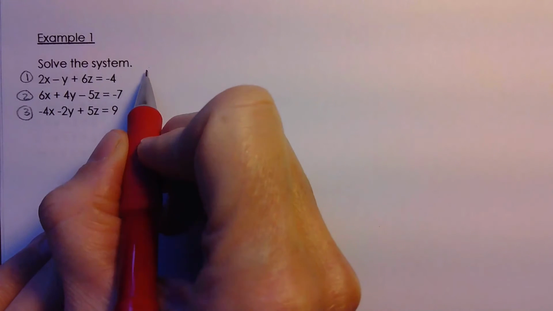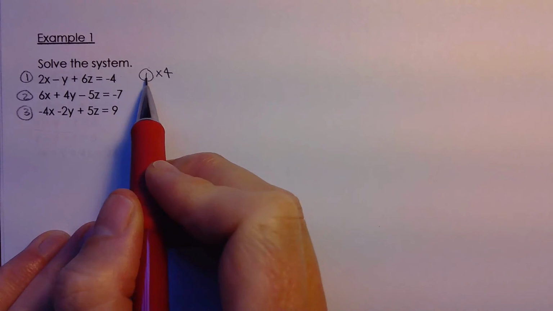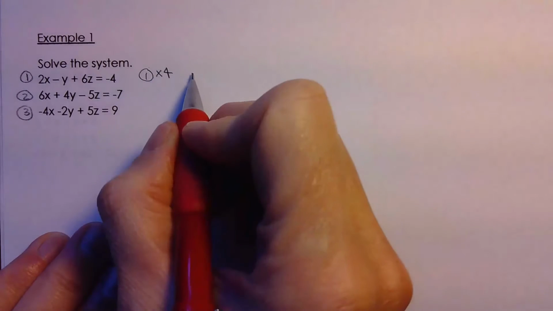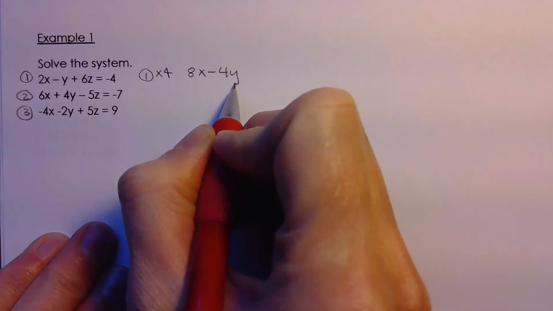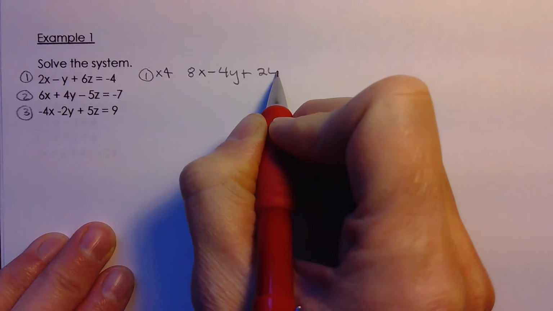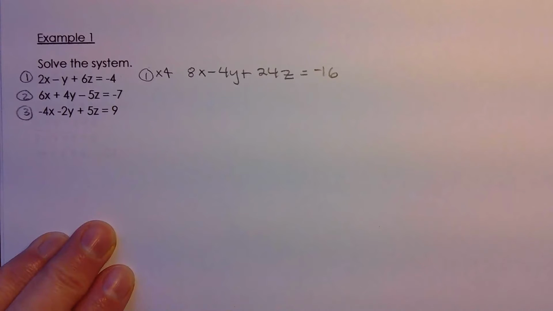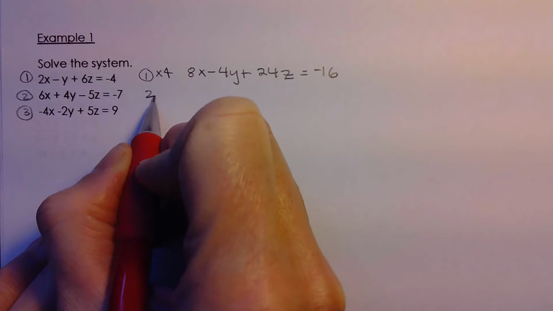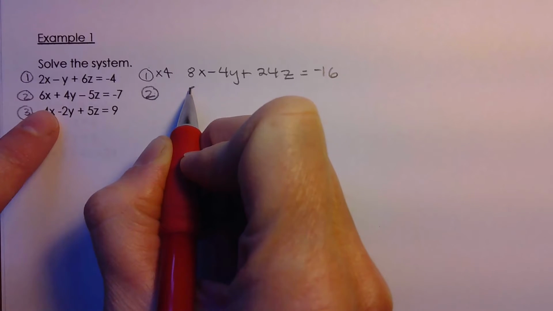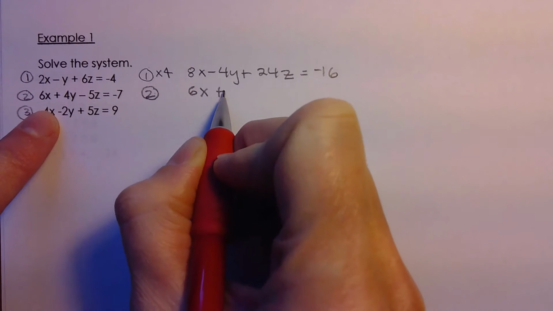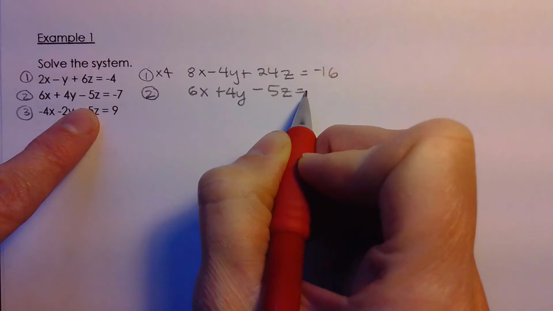So I'm going to multiply the first equation by 4. That's 8x minus 4y plus 24z equals negative 16. Then I'm not going to touch equation 2, but I'll put a little 2 there to show that this is equation 2. That becomes 6x plus 4y minus 5z equals negative 7.